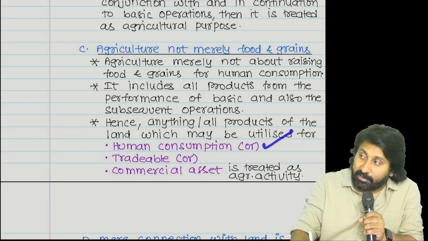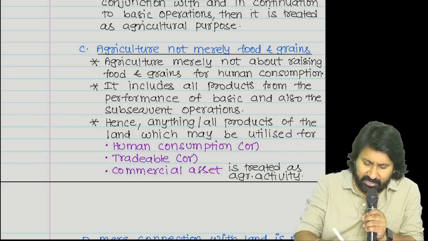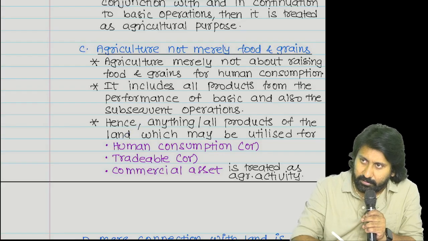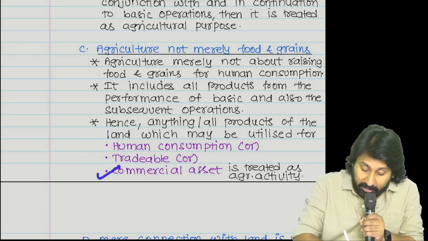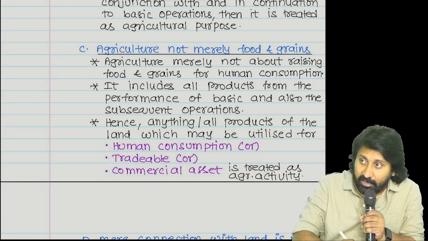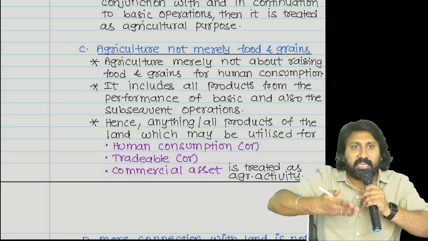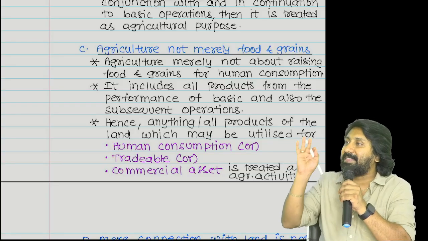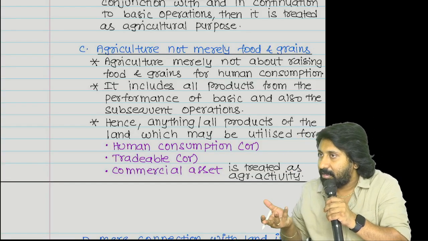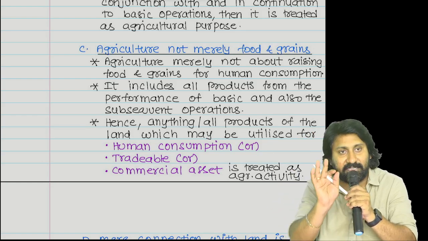The grapes example is for paddy. Not answering? Start again. Grapes. Paddy. Apples. Teak wood. Commercial assets. So to create a commercial asset, I am using this agricultural commodity. So don't always think that agricultural purpose means only human consumption.